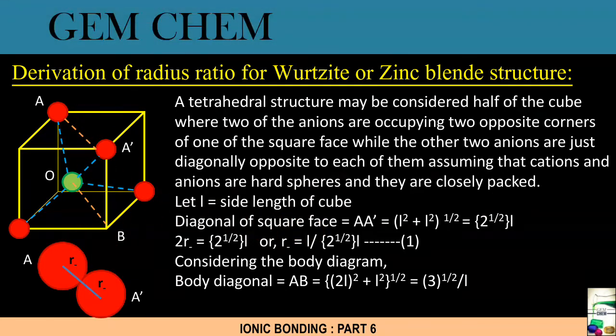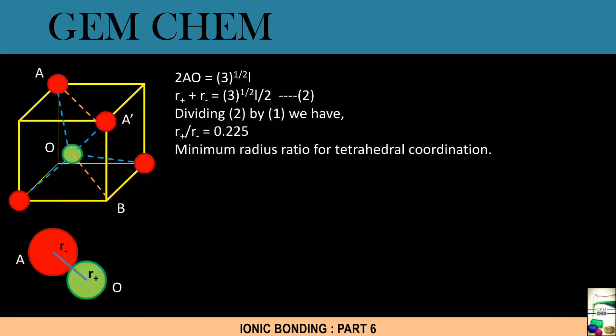So ultimately on substitution we get r minus to be L by root 2. Now if we consider the body diagonal, which is root 3 a, or here root 3 L, it is obtained like this. The calculation is given.